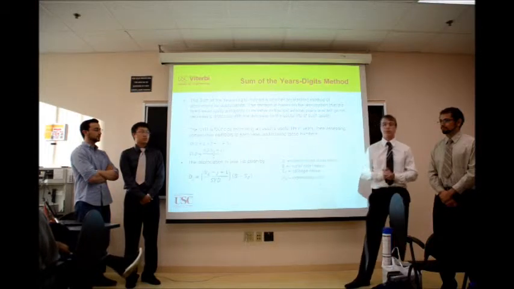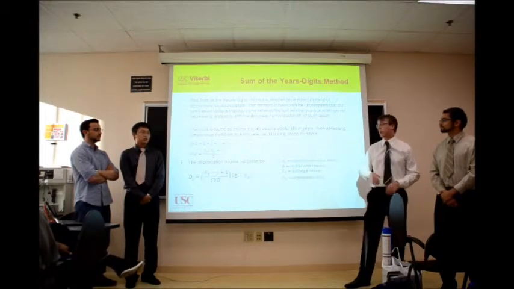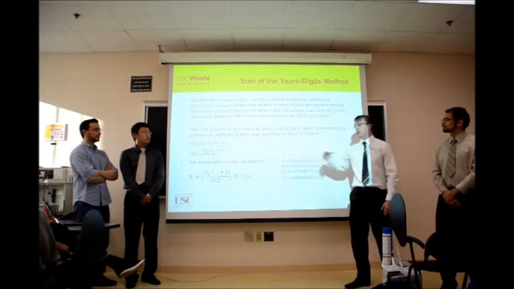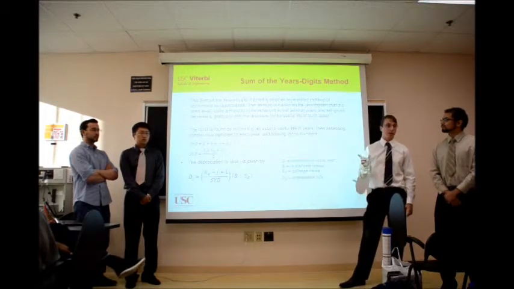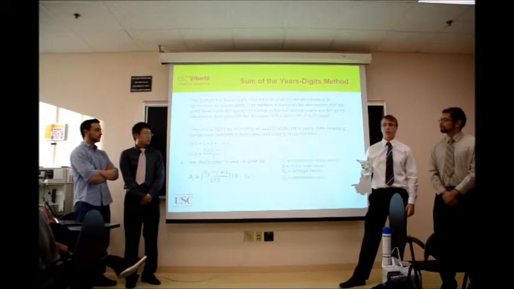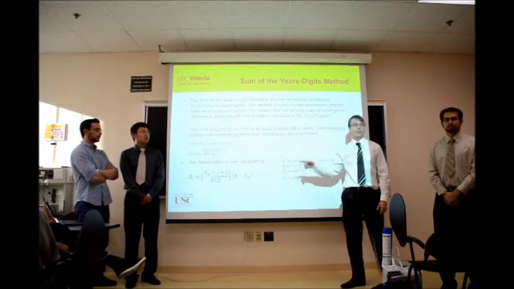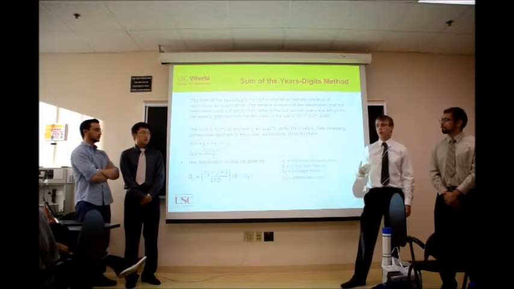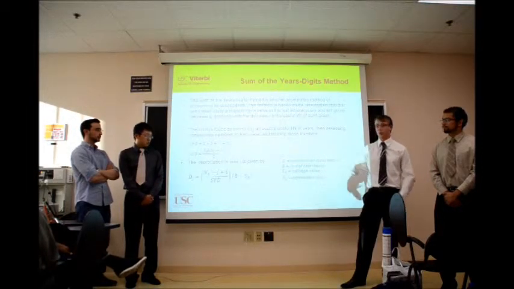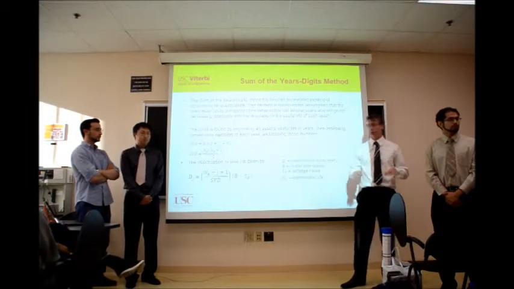You use the sum of years digits, the SYD, which is shown here, and you're essentially summing the years of the useful life together. A simple shortcut is you take the useful life, multiply by the useful life plus 1, divided by 2. We'll show you how that's worked out very shortly.